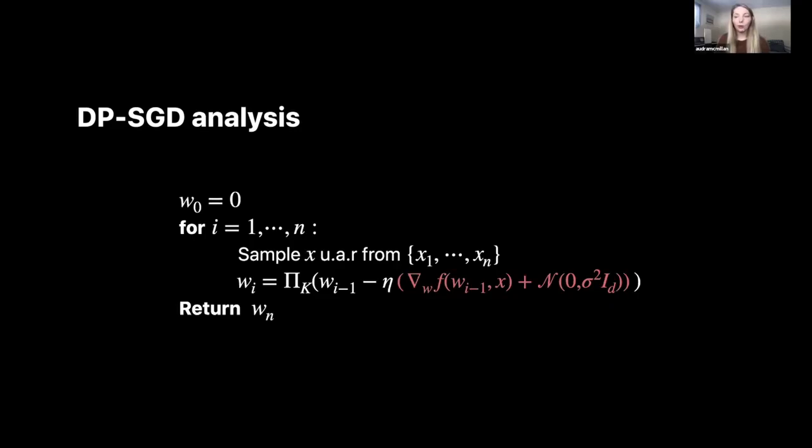So instead of iterating over my entire data set, from 1 to n, like I did before, at each step I'm going to sample a random point from my data set. And then I'm going to use that point to do my iterate update. So this is a little different. In particular, I can interact with the same person multiple times in this mechanism. Some people won't be interacted with at all. But on average, I'm going to interact with each person once.